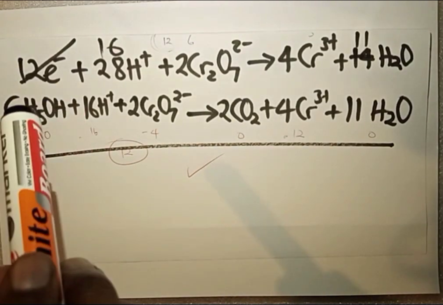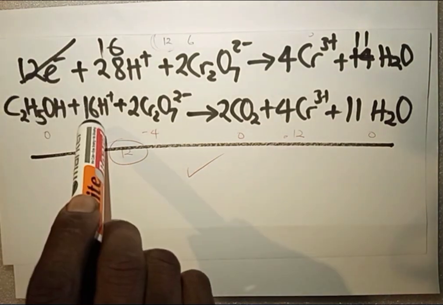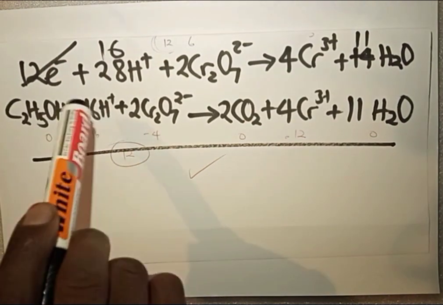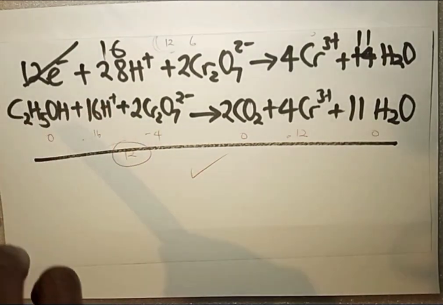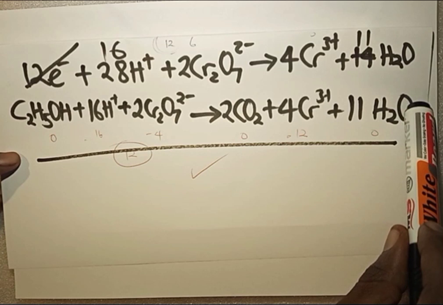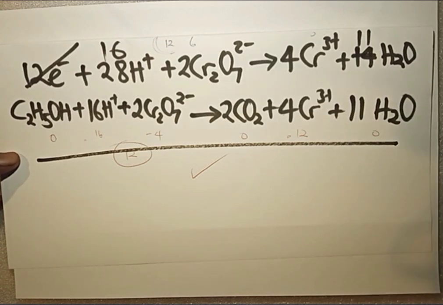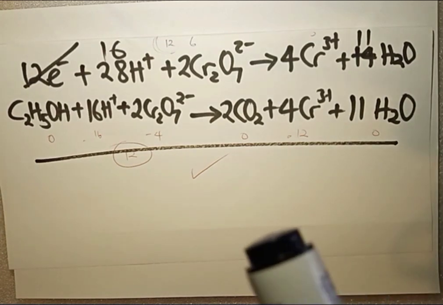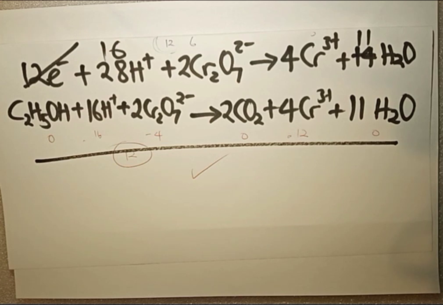These hydroxide ions should be equal to the hydrogen ions we have. So since we have 16 hydrogen ions, we're going to add 16 hydroxide ions, 16 hydroxide ions this side. Step 3, form water on the side containing hydrogen ions and hydroxide ions.